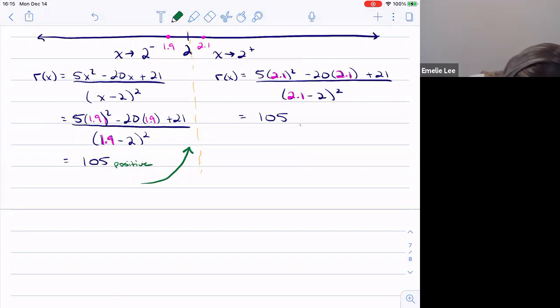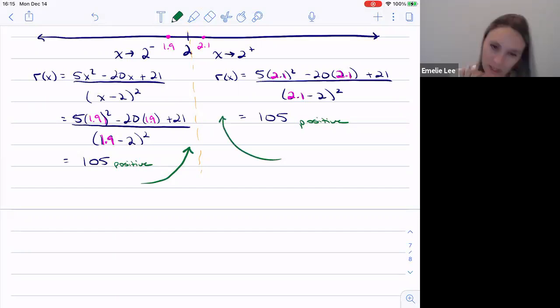So it's positive, and so what that tells me here is that it's going to be going like that. Which makes sense, right?